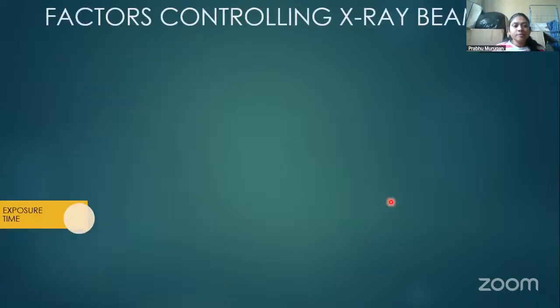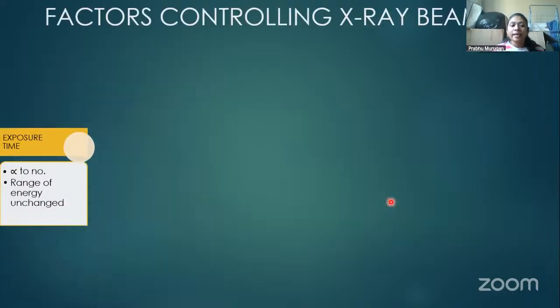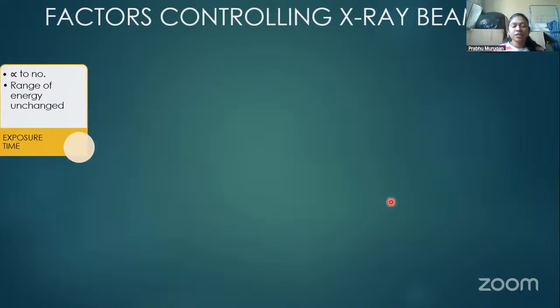Next thing is going to be the factors that control the X-ray beam. First thing is your exposure time. Like I already told you, exposure time is to control your radiation exposure, and it is directly proportional to the number of electrons. If the exposure time is more, it is going to produce a lot of electrons and more X-rays are going to be produced.